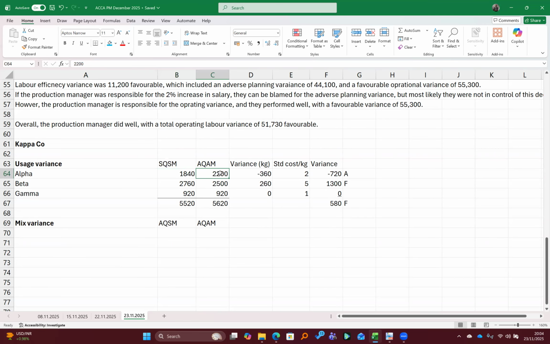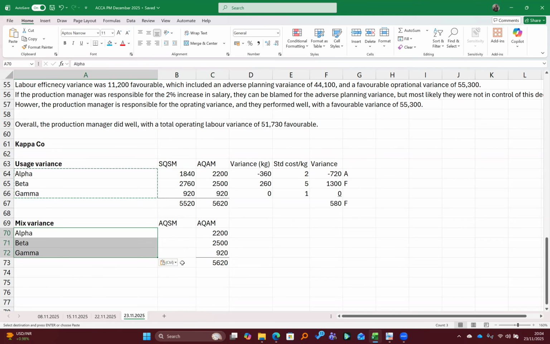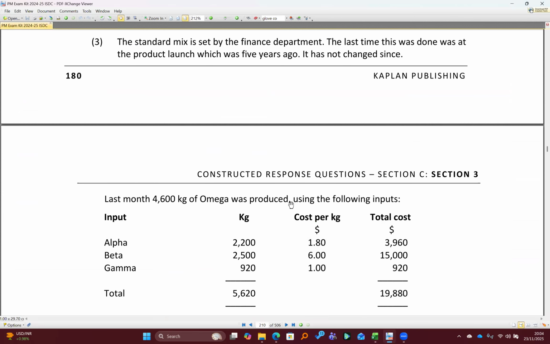We can just pick these ones and put them here for alpha, beta, and gamma. Now, to get these ones, we are still looking at the same 5620 kilos.